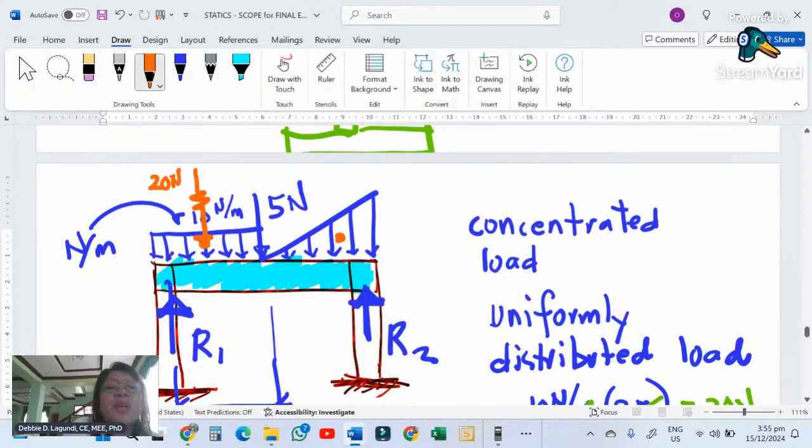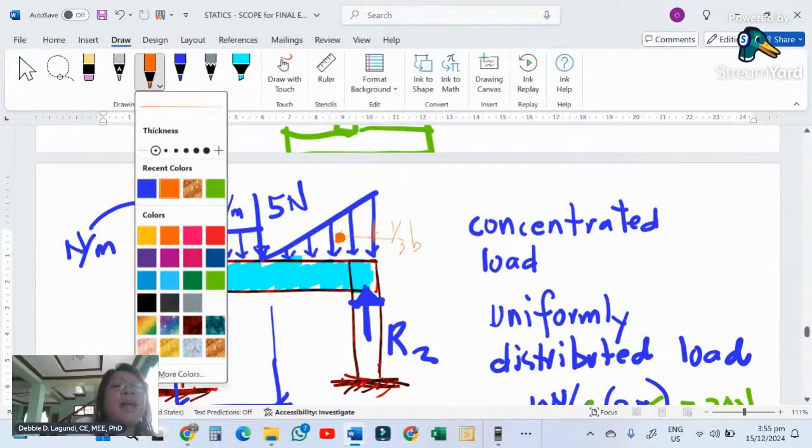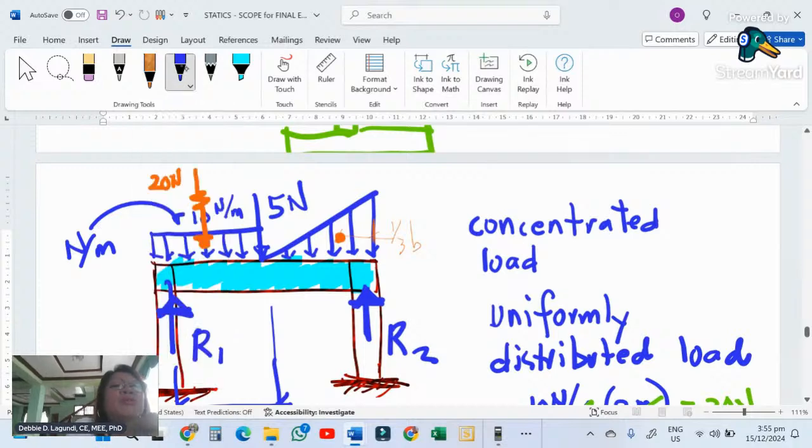From its centroid till here, that distance is 1/3 the base. And if we're going to draw the resultant, let's change the color. There you go. This is the resultant of the triangular loading.